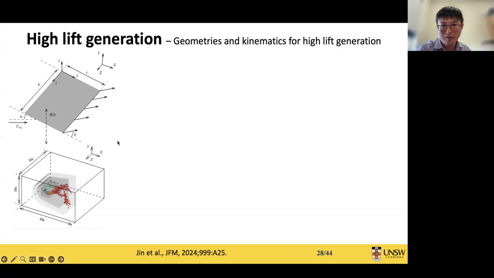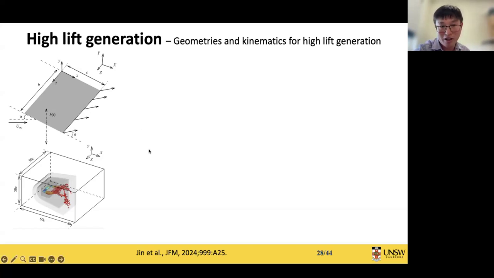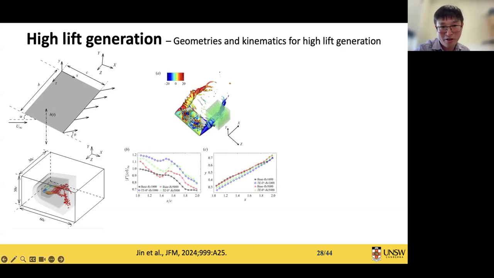I directly look at the tip vortex, the vortex near the two ends. With the flow control, we actually increase the tip vortex strength.